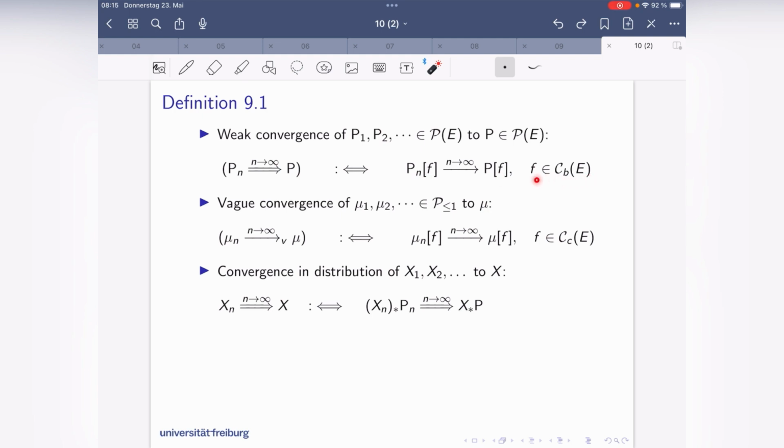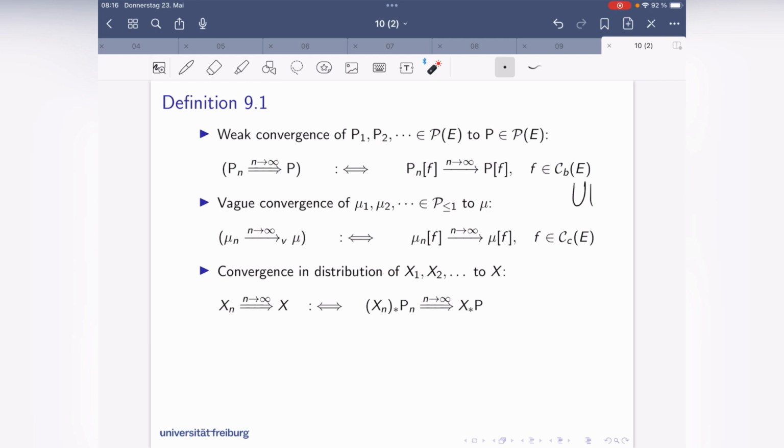And for vague convergence, it has to hold for all continuous functions with compact support. As we just said, this inclusion holds. That means vague convergence is less restrictive, or every weakly convergent sequence is also vaguely convergent, but not the other way around, as we will see.